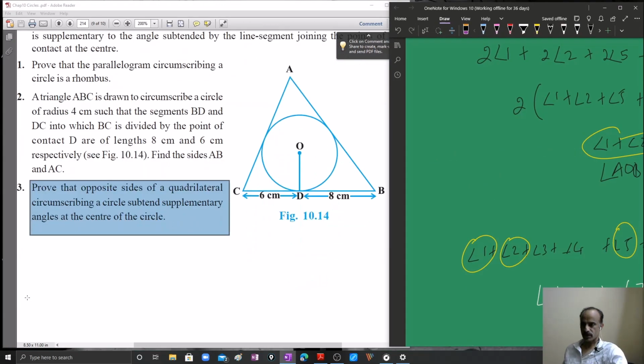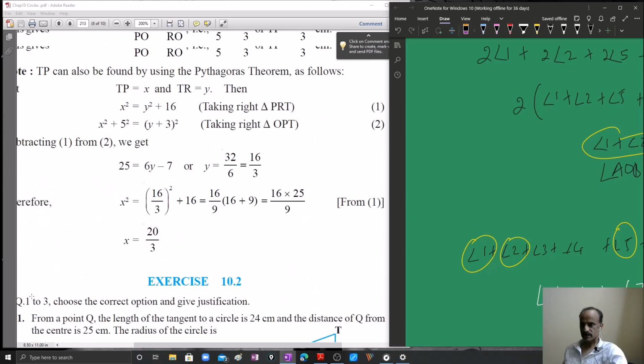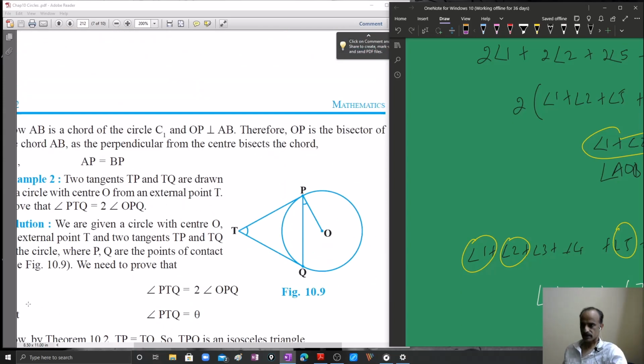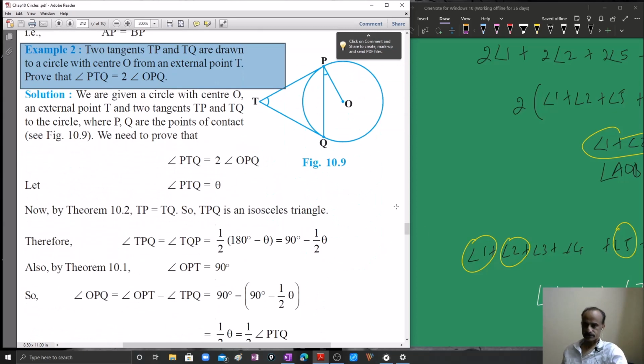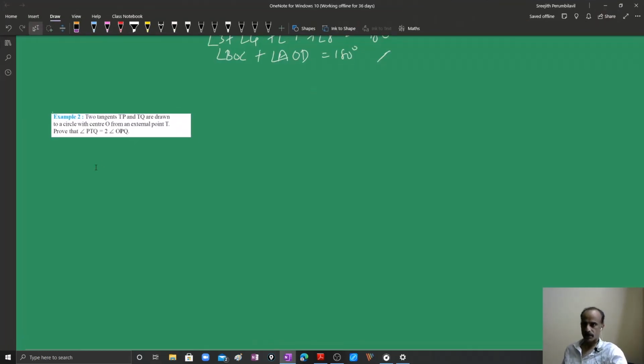We will do one more important question from the book, that is a solved example. Let us take the question. Two tangents are drawn to a circle. It's an important question.